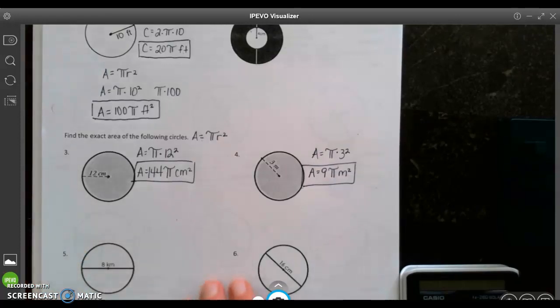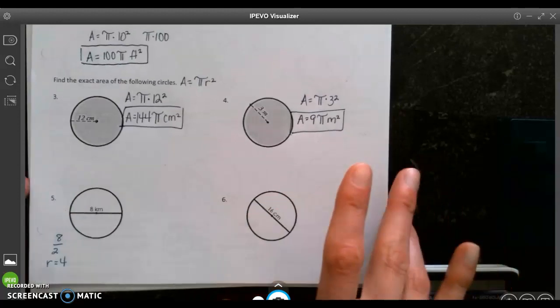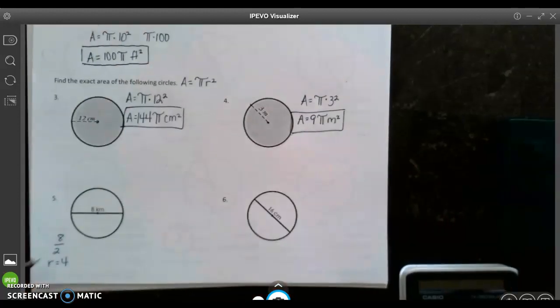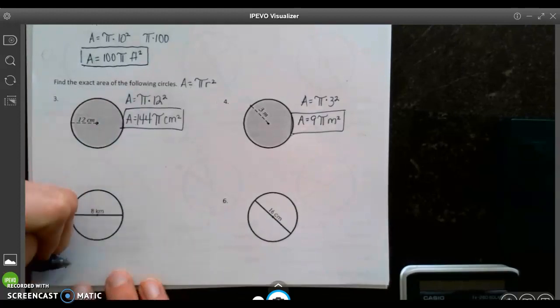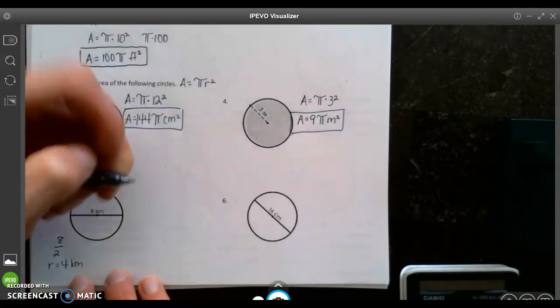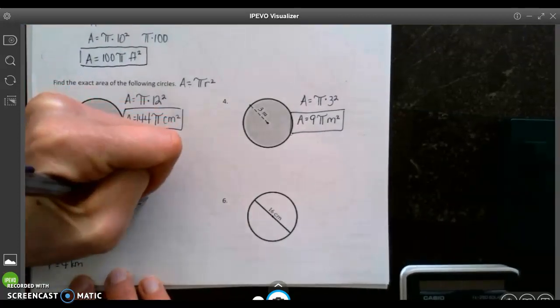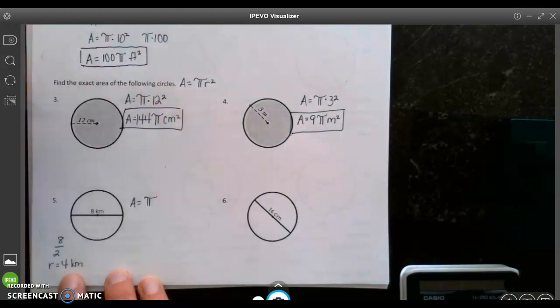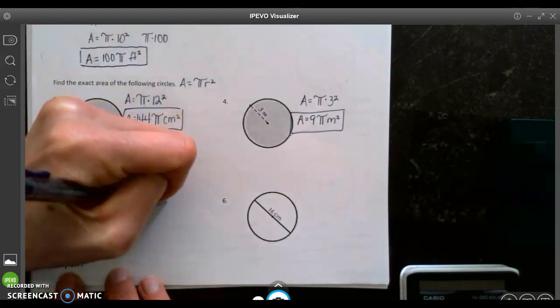So we took the diameter, 8, divided by 2, and the radius is 4 kilometers. Then we plug it into area equals pi times radius squared. So area equals pi times the radius, which is 4, squared.